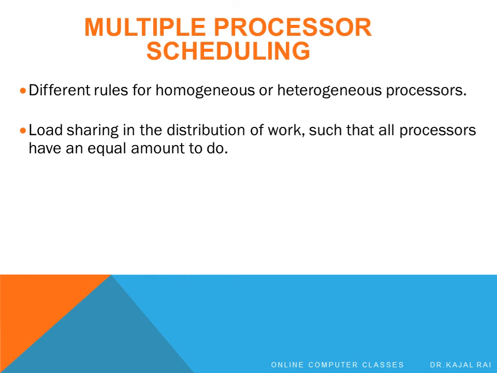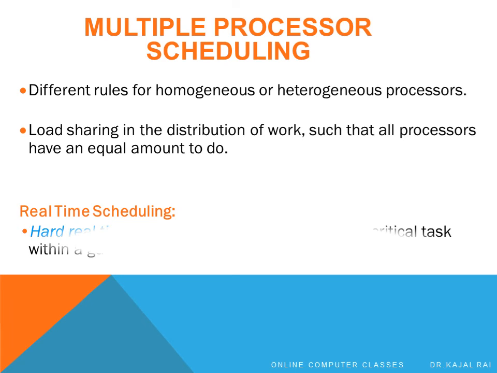And load sharing is the distribution of work such that all processors have an equal amount of work to do, so that the load is shared. The CPU shares the load between them so that each processor gets an equal amount of work and no one will sit idle.